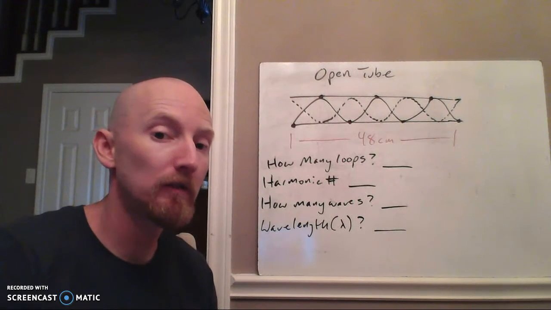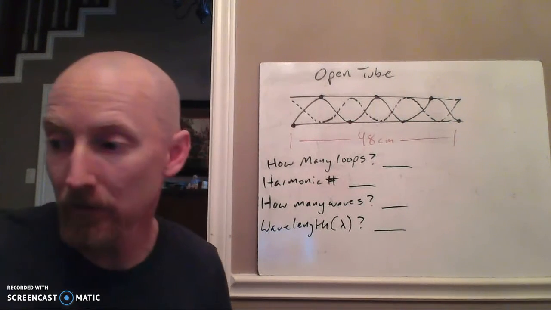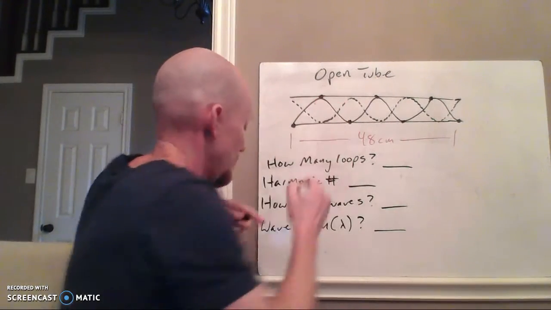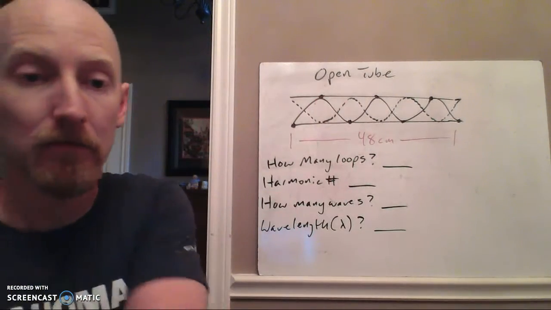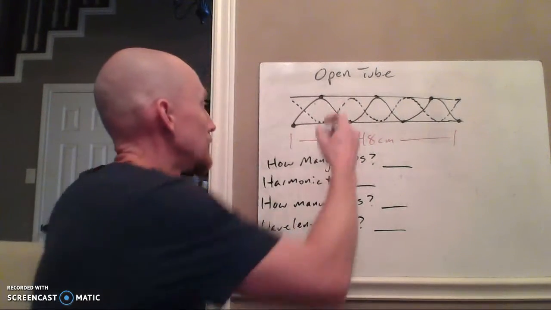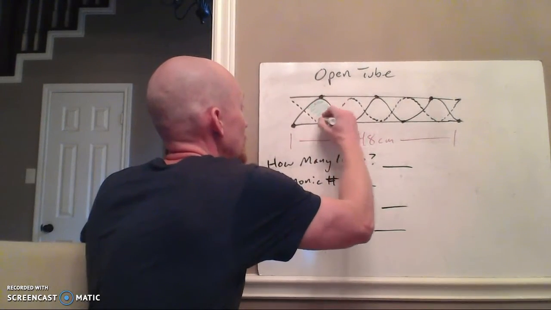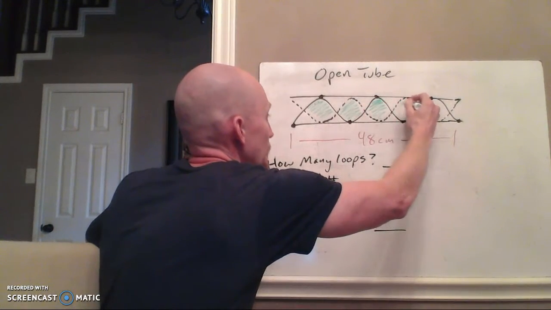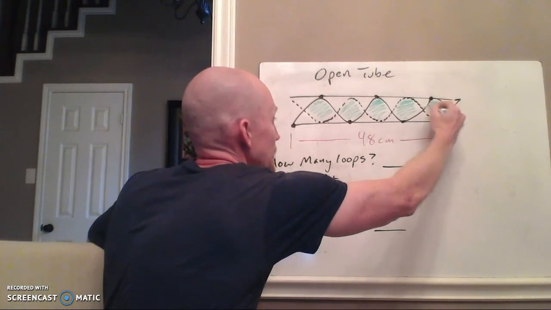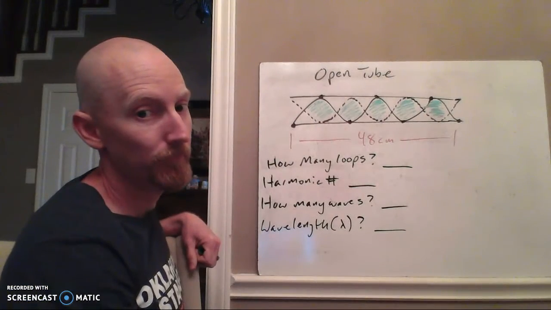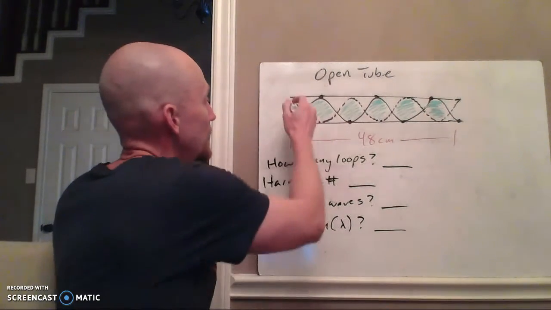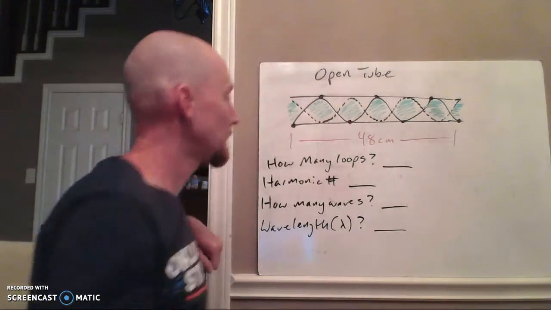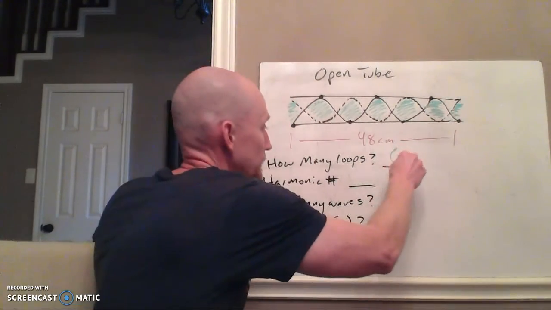First thing that you can do is figure out how many total loops. And to do this, you can just count. So here's 1, 2, 3, 4, 5, and then there's this half and this half, which make a total of 6 loops.